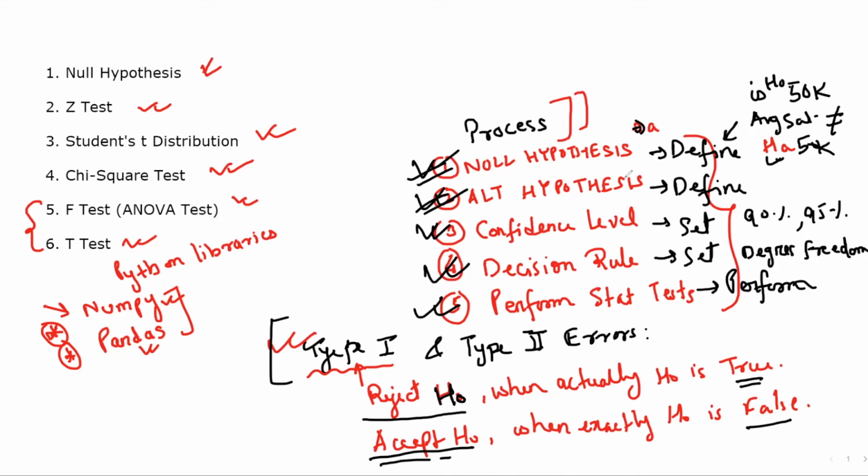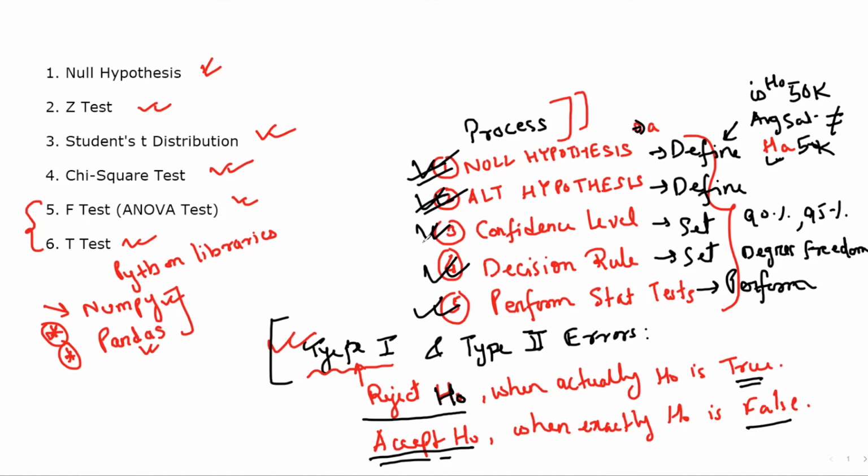So why do we do these tests? This is also important. Why do we perform this kind of tests? Basically, we want to know the population parameters. We want to know how the population is behaving. Where is the trend? Statistically, can we prove it or not? That's why we perform those statistical tests, and there is a process to perform them.